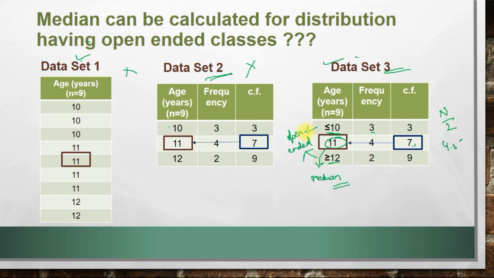So we have two open-ended categories. If we only look at data set 3, we don't know what the exact observations are for less than or equal to 10. We just know that there are 3 observations which are less than or equal to 10. But still we can calculate the median. That is why median can be calculated for distributions having open-ended classes.